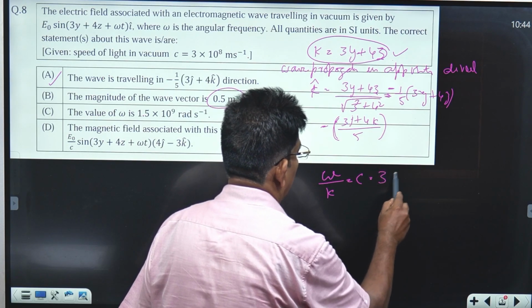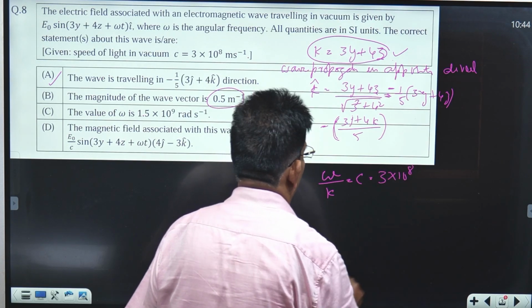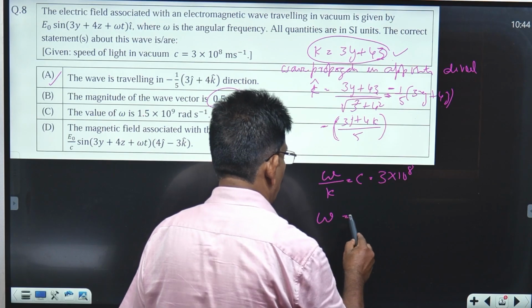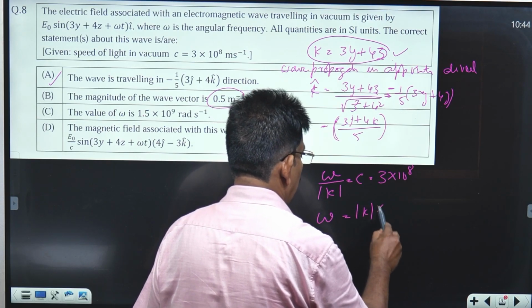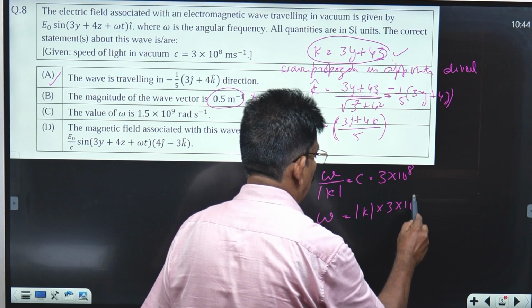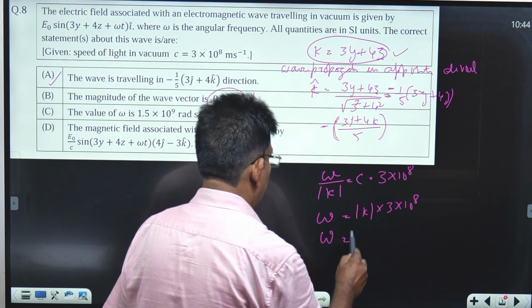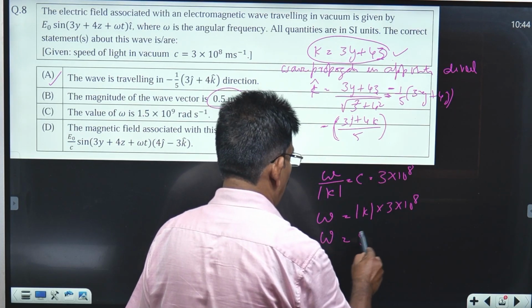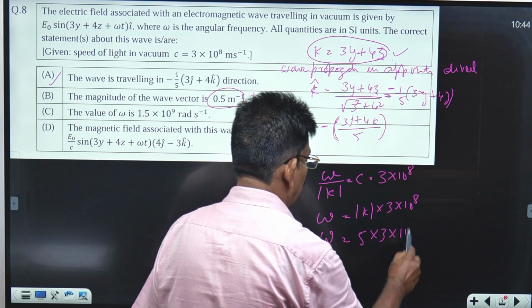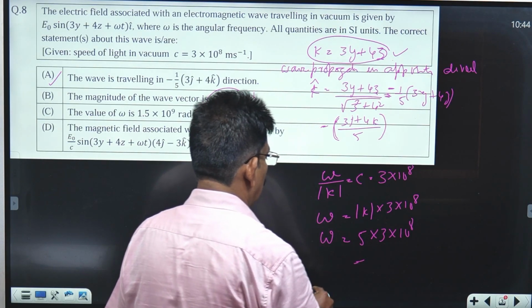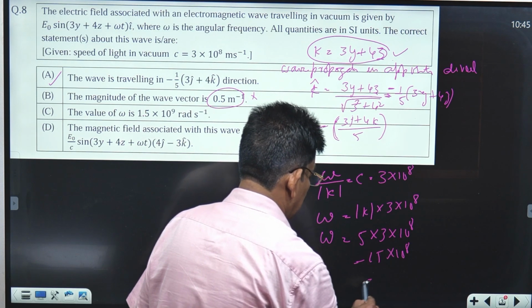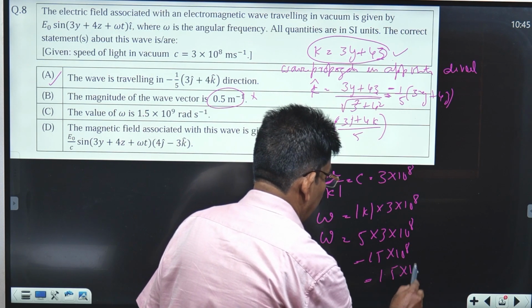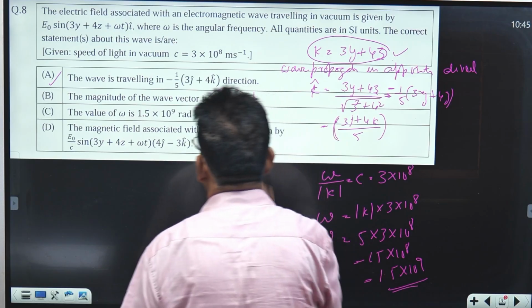Wave velocity is given to be 3 into 10 to the power of 8. Therefore, omega is equal to magnitude of wave vector into 3 into 10 to the power of 8. We got the magnitude of wave vector as 5, so 5 into 3 into 10 to the power of 8. That comes to be 15 into 10 to the power of 8, that is 1.5 into 10 to the power of 9. So that is a correct option.